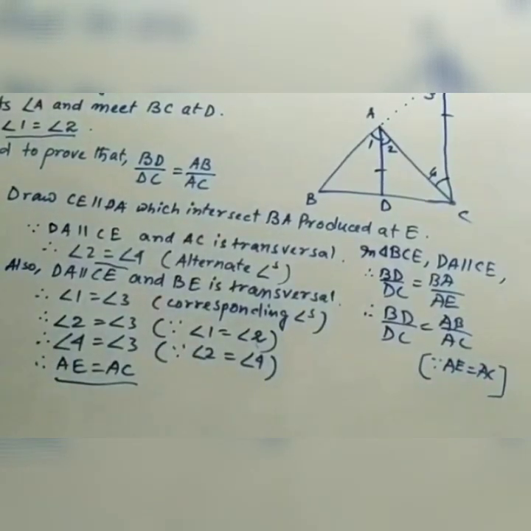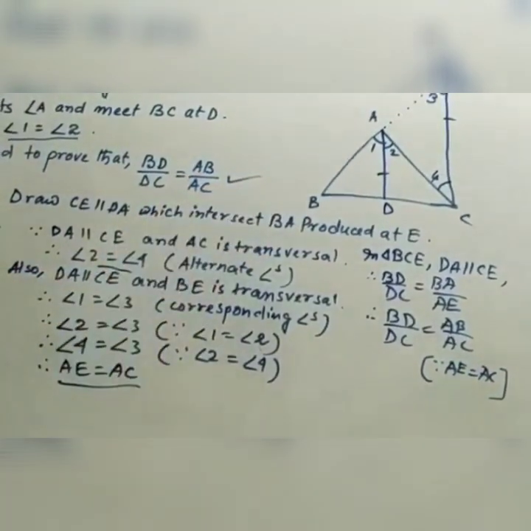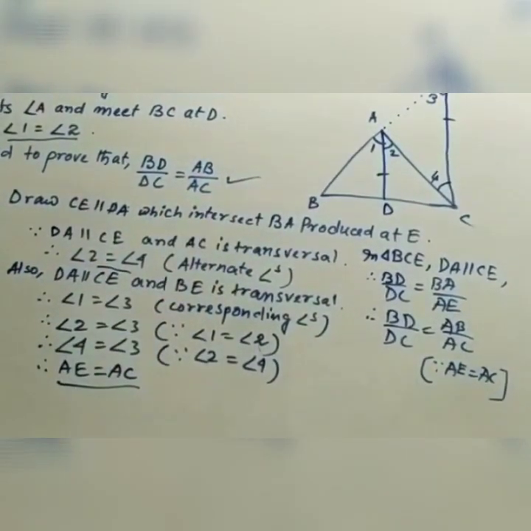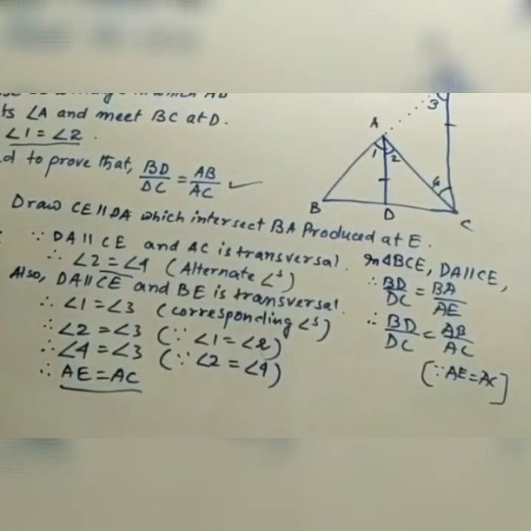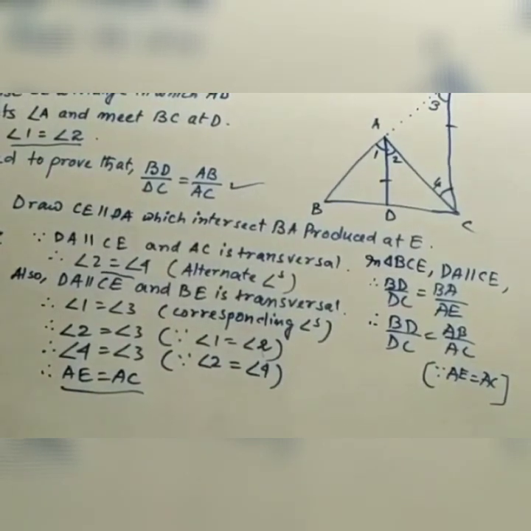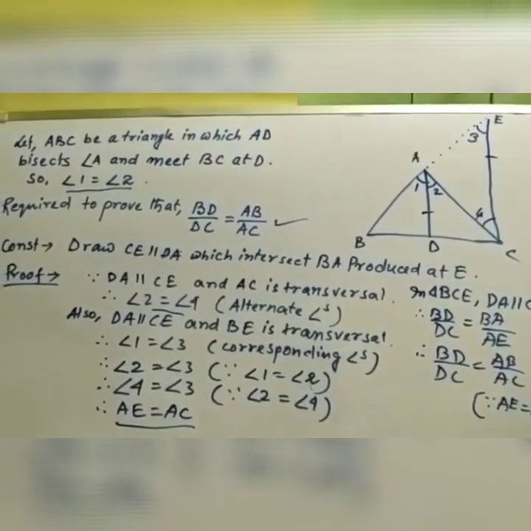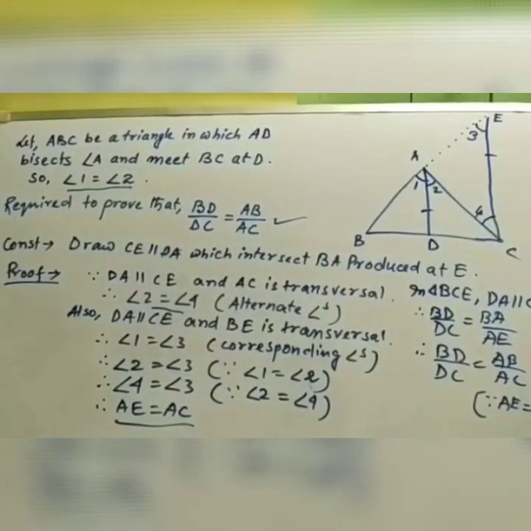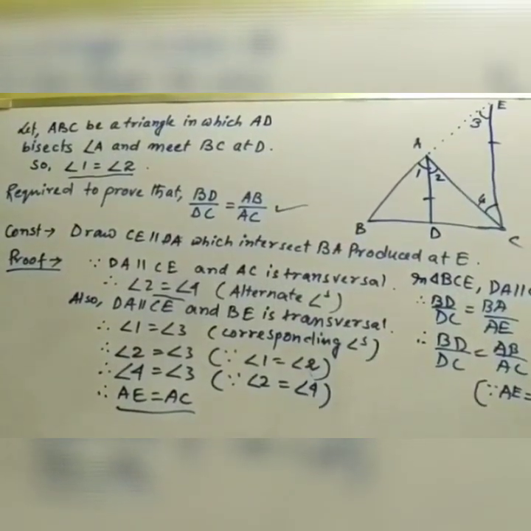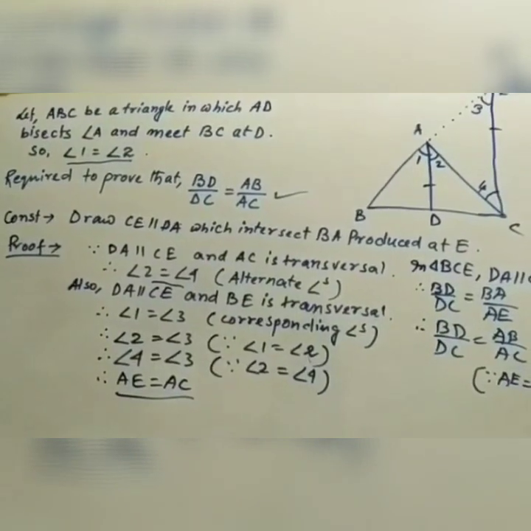Okay, so that is what you need to prove here, because it is given that it is required to prove that BD by DC equals AB by AC. So that is the proof of the internal bisector theorem. This is one of the important theorems from your chapter Triangles, similar triangles of class 10. So this is all about the internal bisector theorem. You need to practice it more and more.